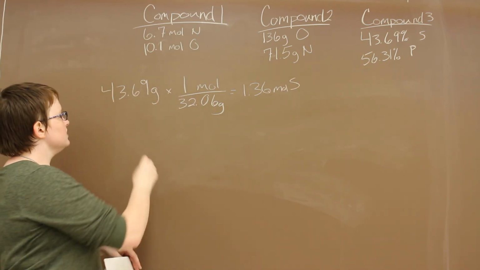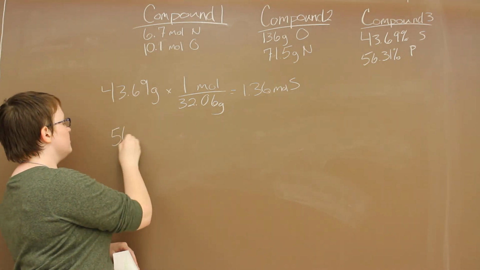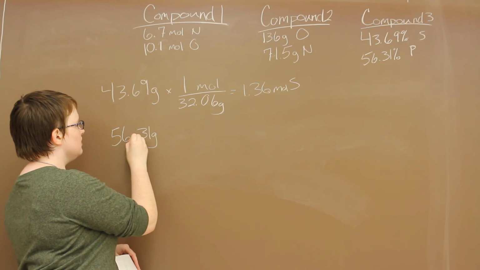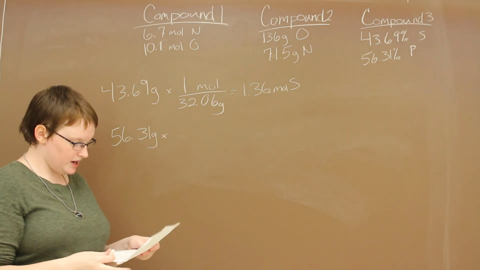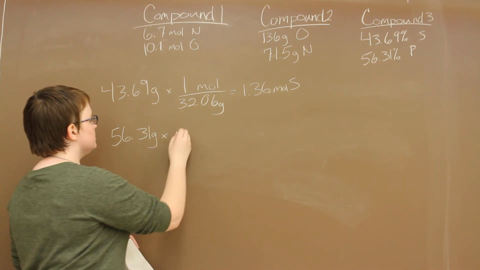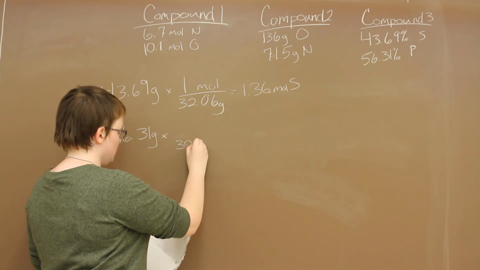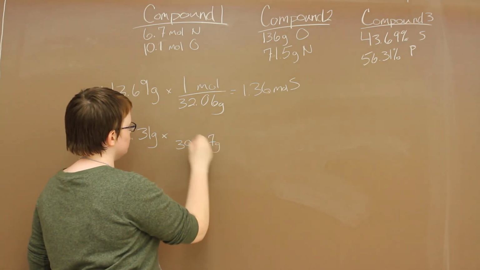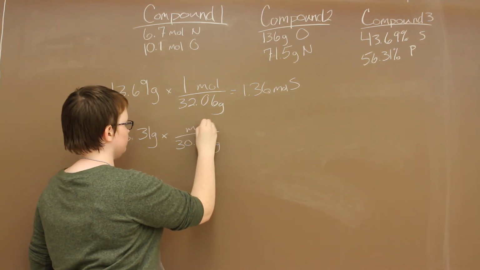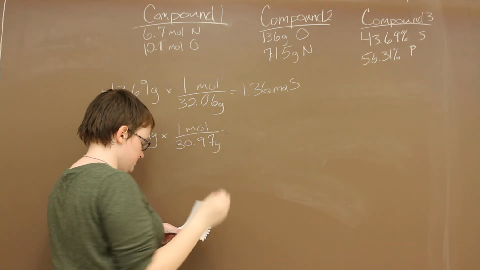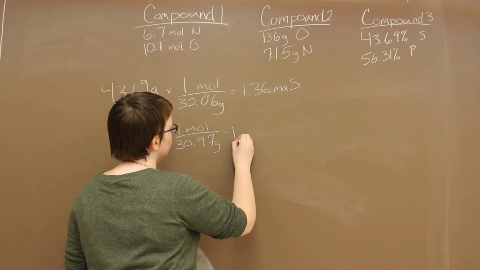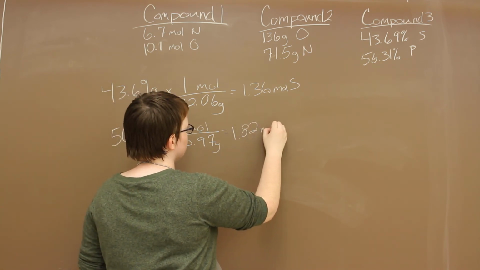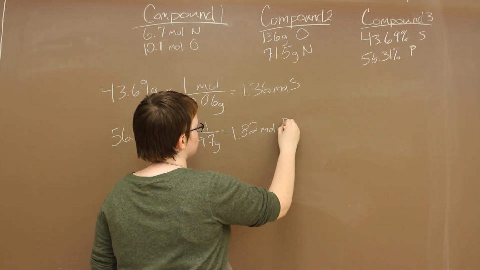Now we'll do phosphorus. We have 56.31 grams, and the molar mass of phosphorus is 30.97 grams per mole. If we multiply that out, we have 1.82 moles of phosphorus.